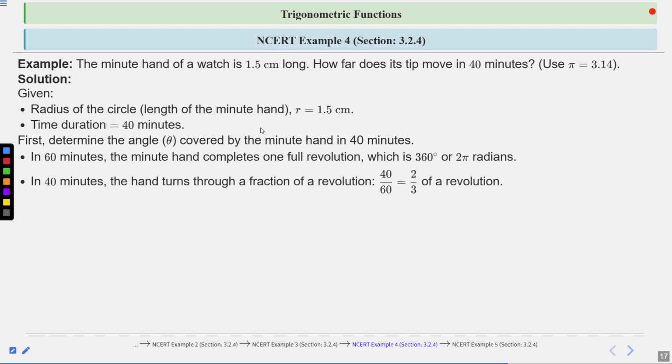Now, if 60 minutes gives me 2 pi radians or 360 degrees, then in 40 minutes, the hand turns through a fraction of a revolution. Simple. Meaning, in 40 minutes, I am going to make 2 by 3rd of a revolution. Clear? 2 by 3rd of a revolution.